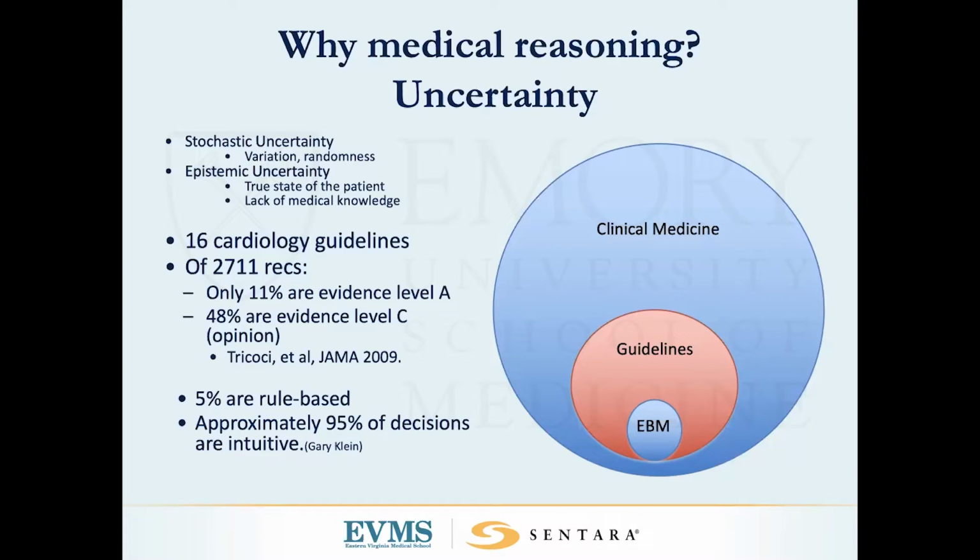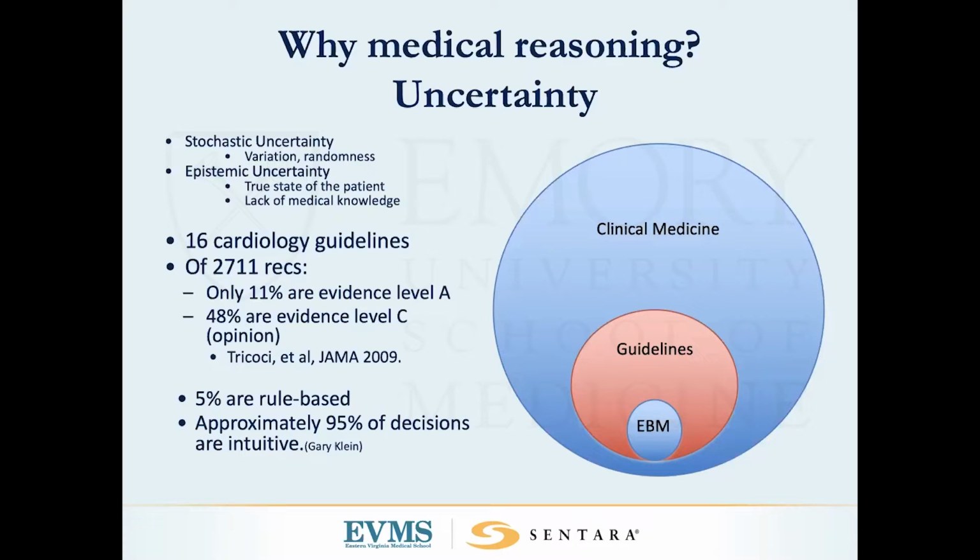To give a quantitative estimate of how much uncertainty we deal with, I'll just point out an article that was published by Tricoci et al. in JAMA in 2009. Tricoci was at Duke at the time. What they did is they examined the 16 cardiology guideline documents that existed at that time.